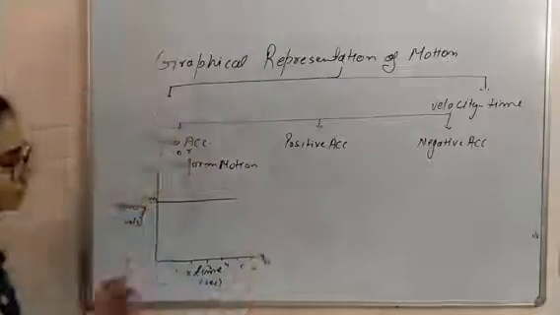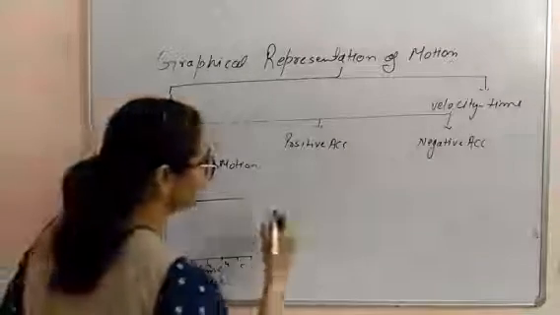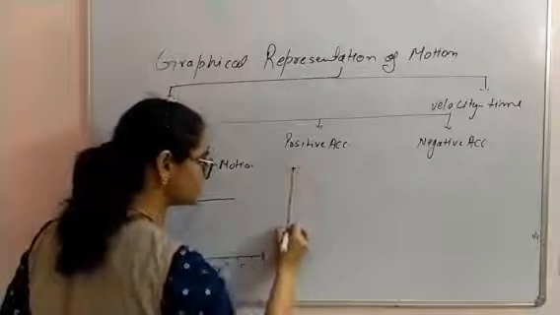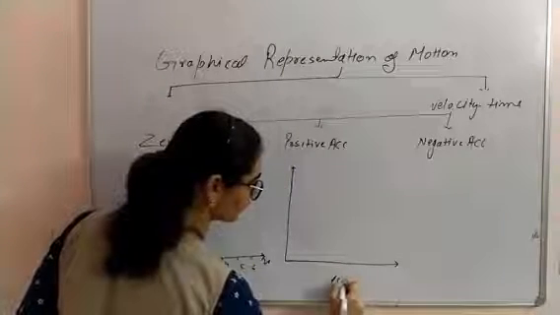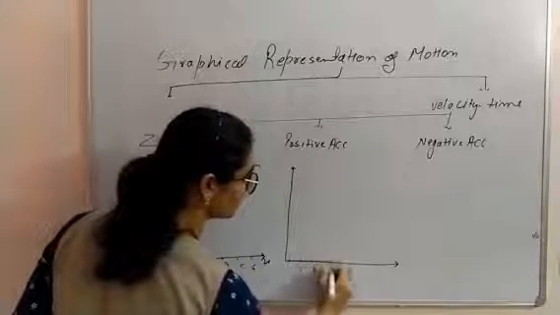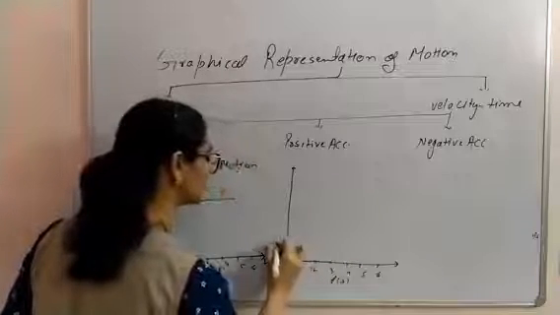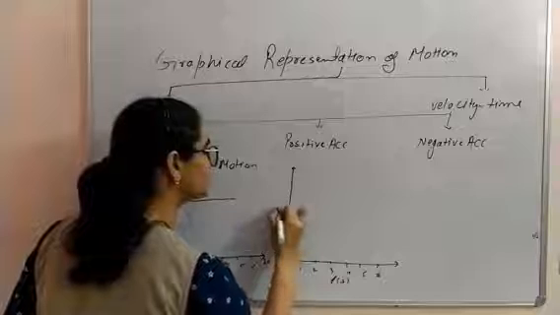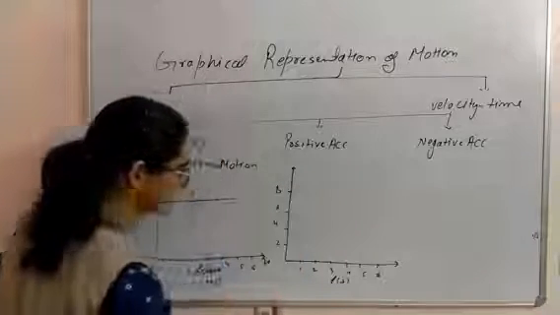Clear? Now the second type of acceleration is positive acceleration. When we're talking about positive acceleration, that means with respect to time, the velocity of object is increasing. I am putting random values so that you can understand.